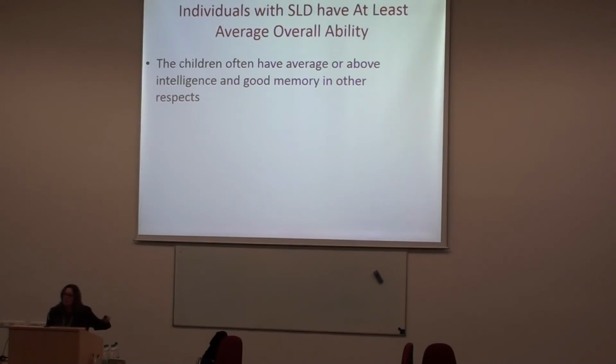Why the methodology keeps changing is because in our schools, general education has a hard time helping all children with learning needs. So our definition of specific learning disability, even though it hasn't changed, the methods are changing to get more and more kids services in special education services. So it's kind of a problem in the States, but historically, all definitions of specific learning disability assumed that you had at least average ability to think and reason.